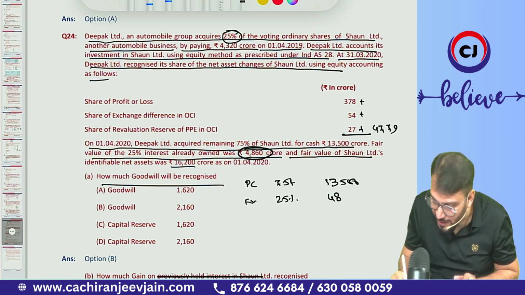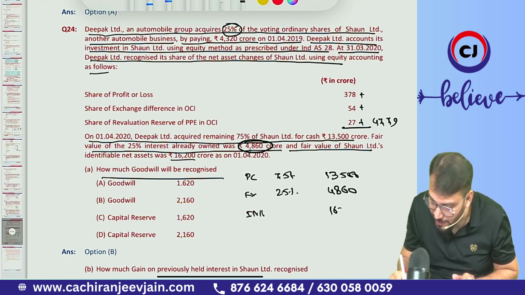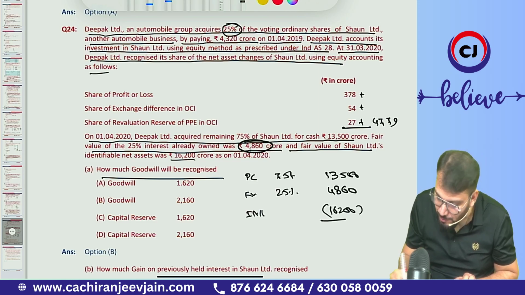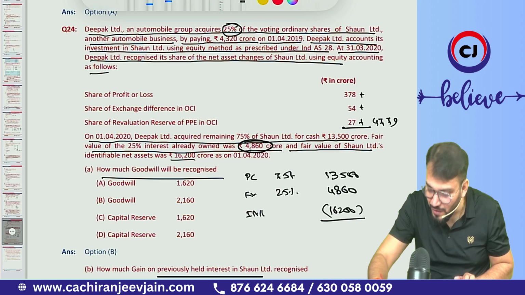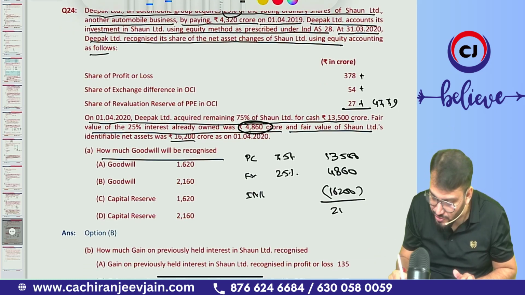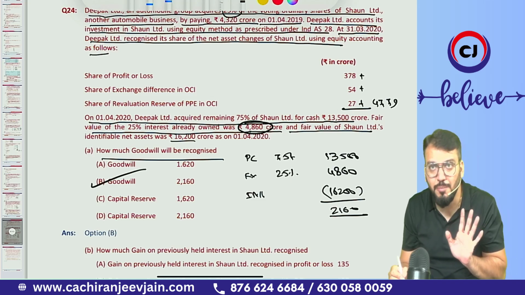So we'll take 4860. And fair value of INA on the date of acquisition is given as 16,200, so we will subtract this. What will be the answer? Check: 13,500 plus 4860 minus 16,200. The answer is coming 2160. So goodwill of 2160. Option B will be correct.